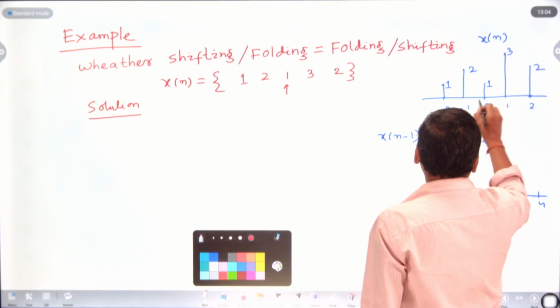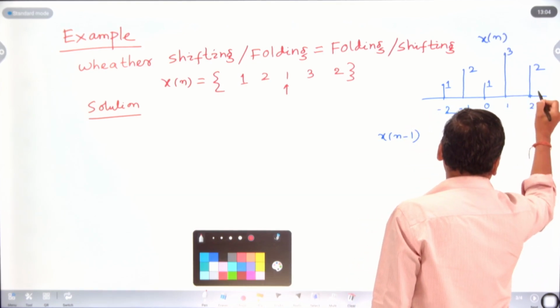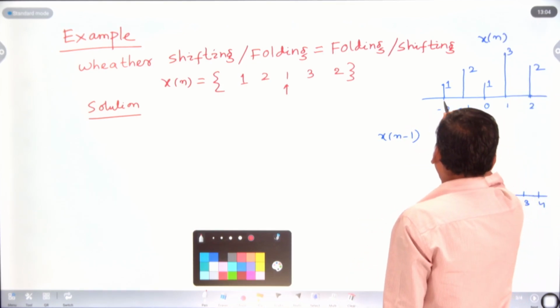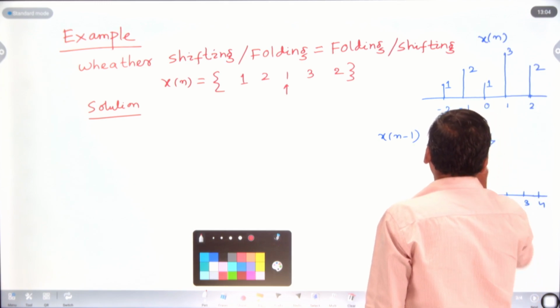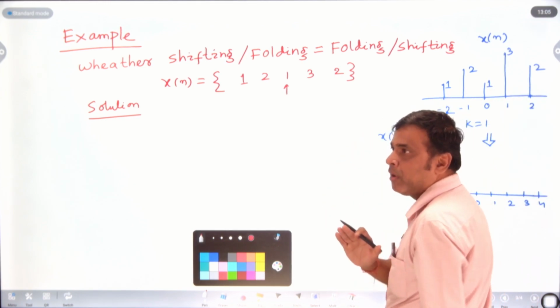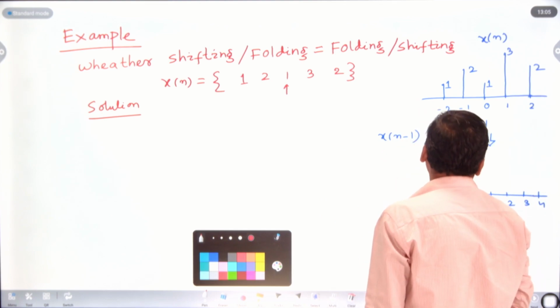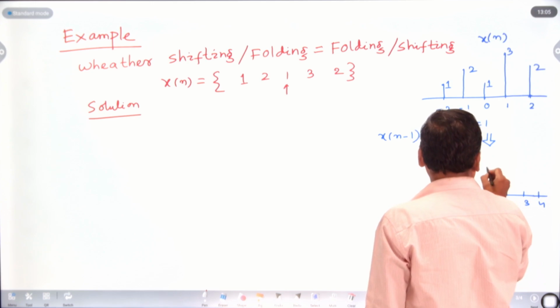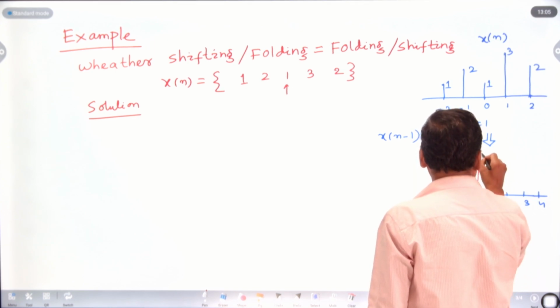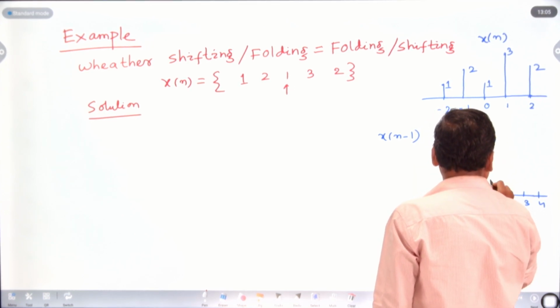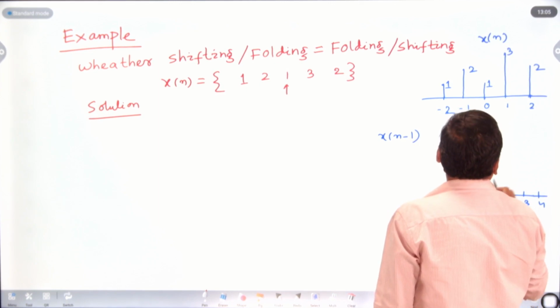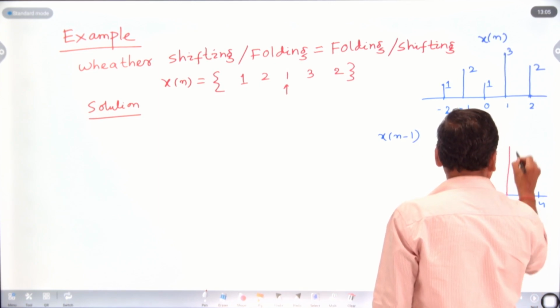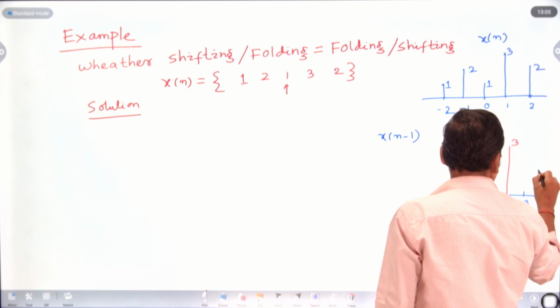Whatever was at 0 becomes 1, whatever was at 1 becomes 2, whatever was at 2 becomes 3, and whatever was at minus 2 becomes minus 1. So the whole sequence is shifted towards the right by 1 unit. So this is 1 and this is 2, this is 1, this is 3, and this is 2.